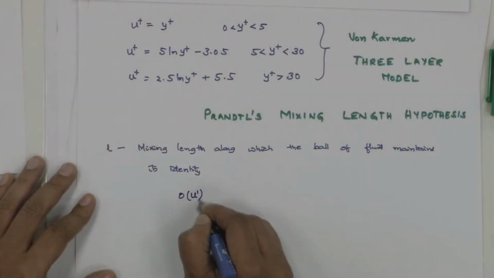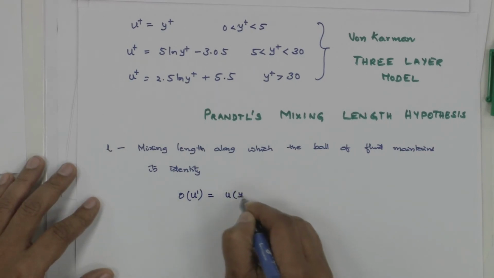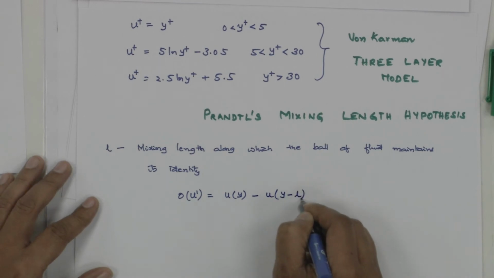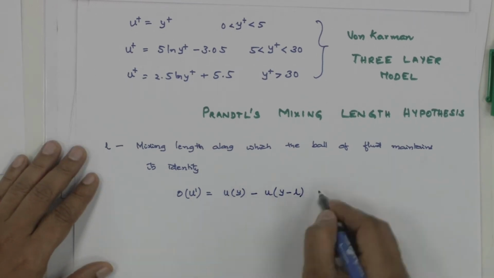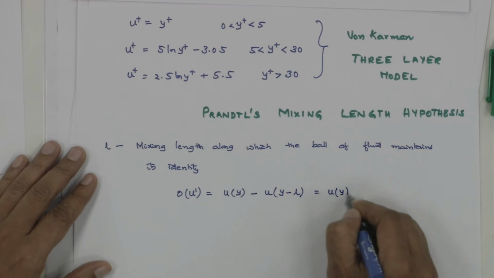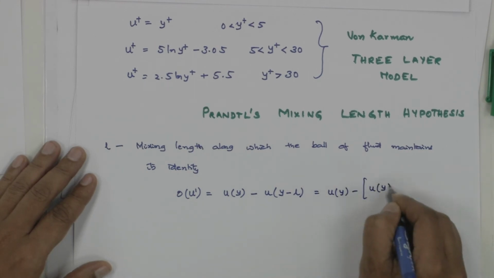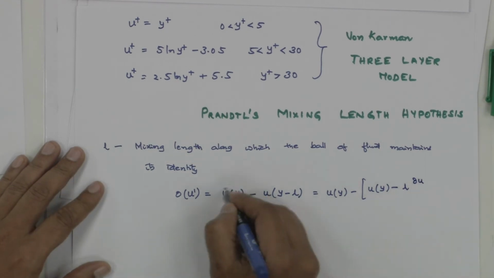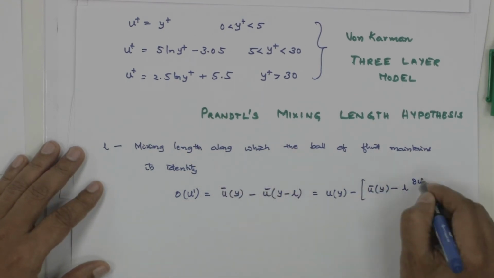So the order of u prime is the velocity at y minus the velocity at y minus L, correct? So this is nothing but u of y minus u of y minus L, which is L del u bar by del y.